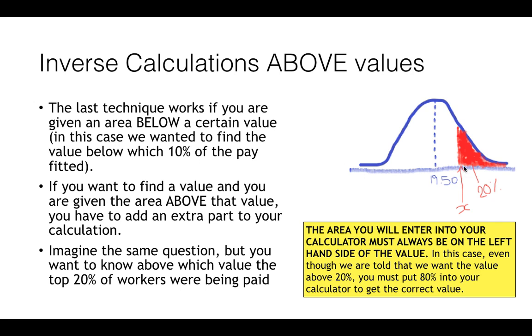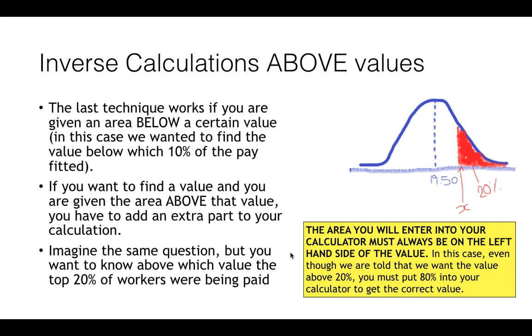If you're given the area above a certain number, then you have to use a slightly different technique. It's only very slight, just involves a small calculation, okay? Because in your calculator, you must always use the area to the left of the value that you are interested in finding for the inverse calculations.